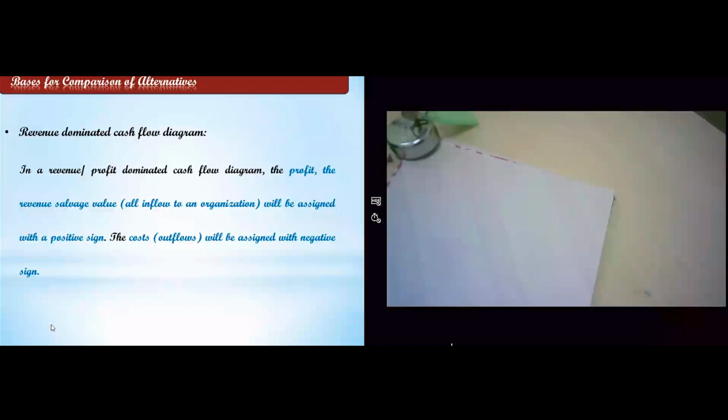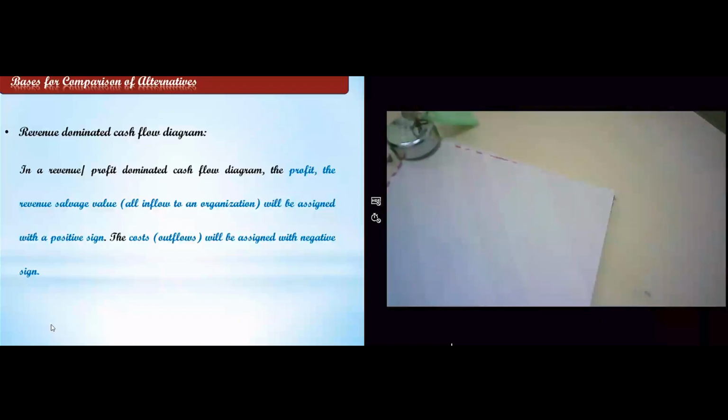Okay, so that is why they have been taken as positive and all the cost factors would be taken as negative. So that is the difference between the cost and revenue dominated. Cost dominated, cost would be positive and revenue would be negative. In the case of revenue dominated, revenue would be positive and cost would be negative.